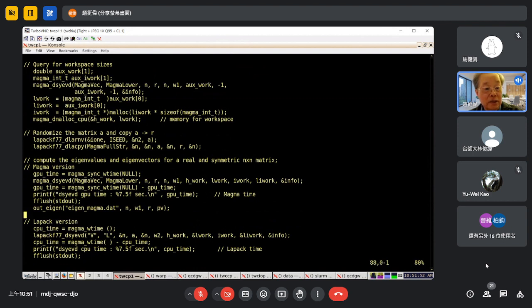And then to compare with the CPU version, I just call the LAPACK routine. You can see that LAPACK was originally written for Fortran 77, and you are calling the Fortran routine from a C program, so there is a convention you have to follow.